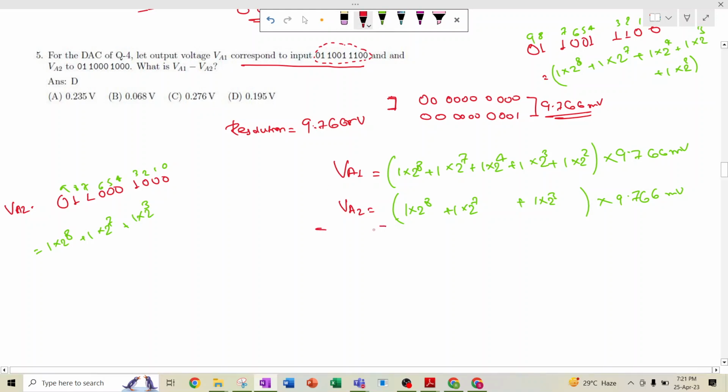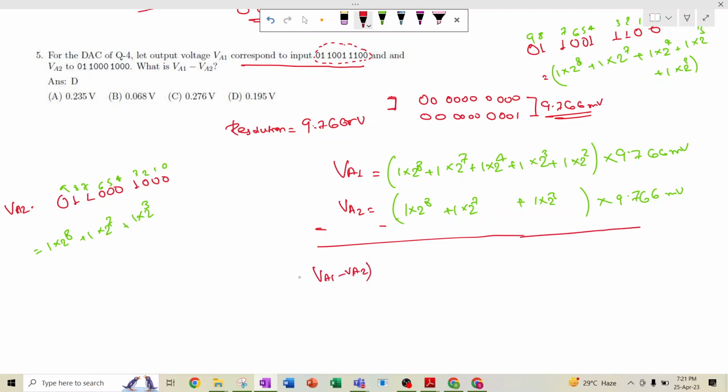If we subtract, the common terms cancel out. We get 1 into 2 to the power 4 plus 1 into 2 square, into 9.766 millivolt.